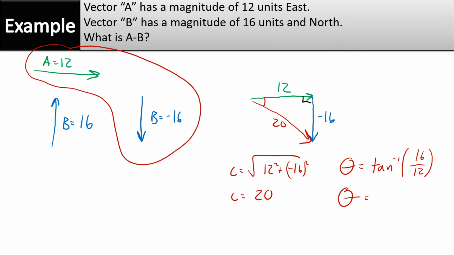And you get an answer of 53 degrees, right here. So your answer is 20 units, 53 degrees, and we could say south of east.